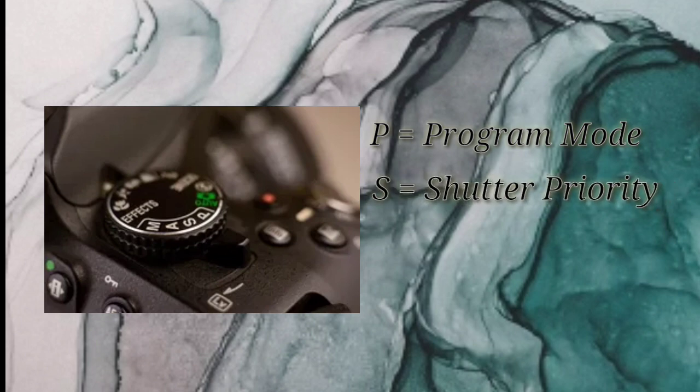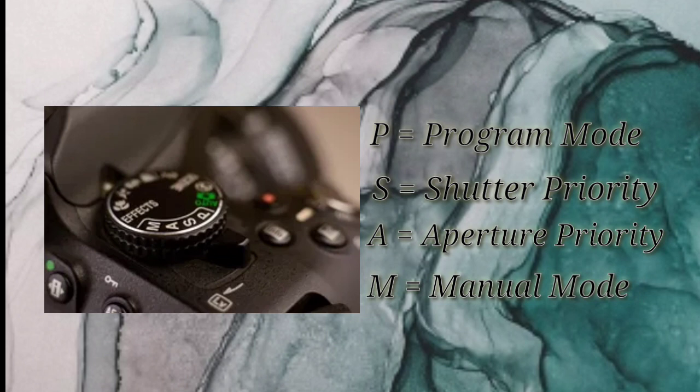S, Shutter priority, requires you to select the shutter speed but everything else is handled by the camera. A, Aperture priority, has the camera dealing with everything except aperture, which you must manually select. And lastly, M, Manual mode, is where you select both the aperture and shutter speed.